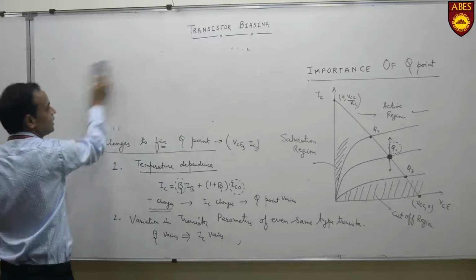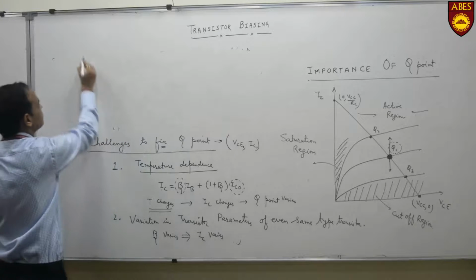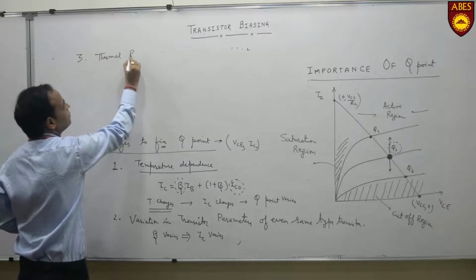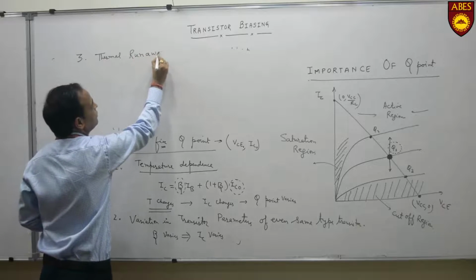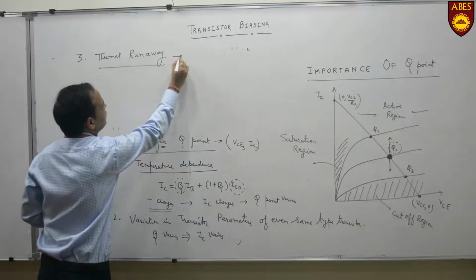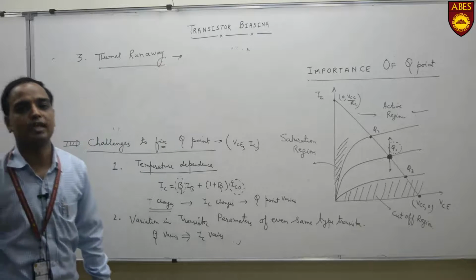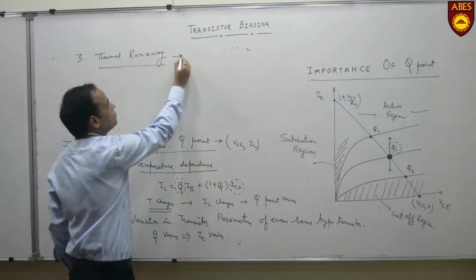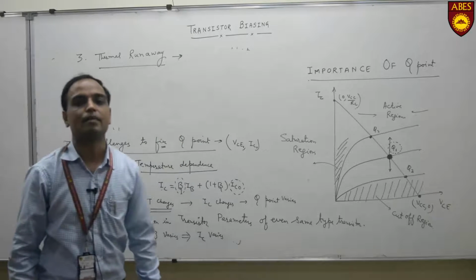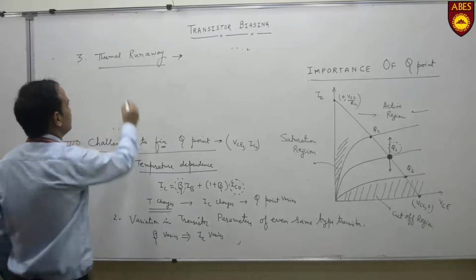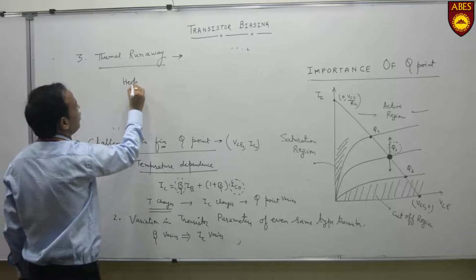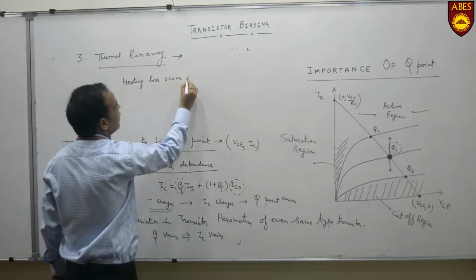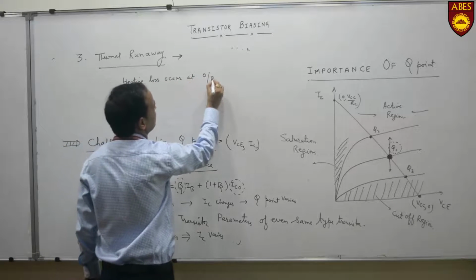Let's discuss the third challenge, which is referred to as thermal runaway. This concept is also directly related to the variation in temperature. When current is established in the circuitry, heating loss occurs at the output junction.